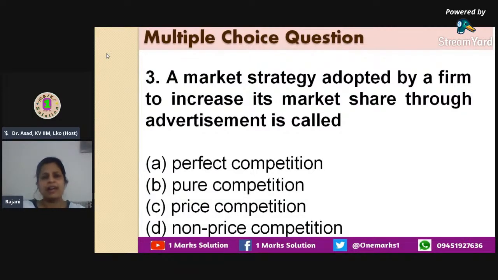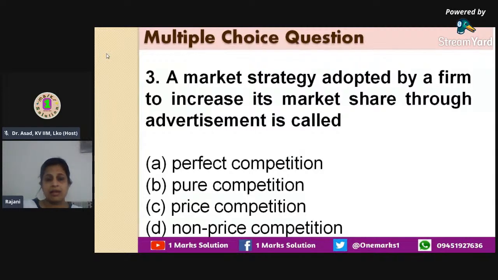Like we all are attracted by advertisements, right? Advertisements are attractive, so they have to spend for it, and naturally the demand for the product increases and the products become popular through the advertisement. That cost is called selling cost.